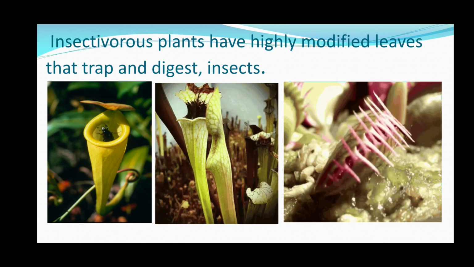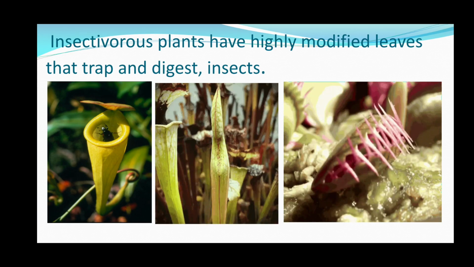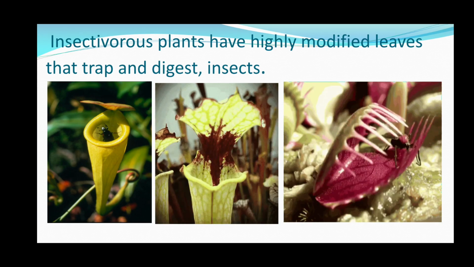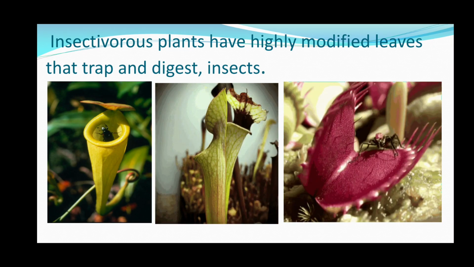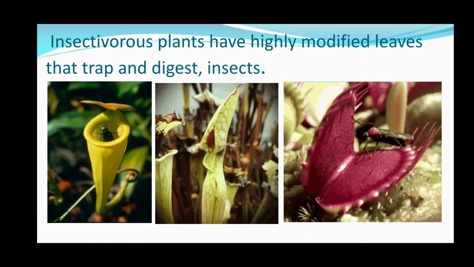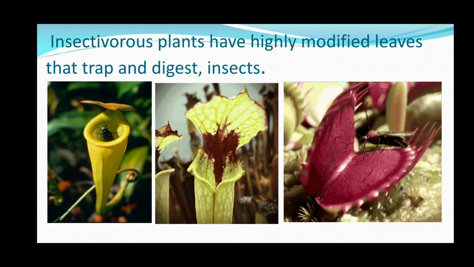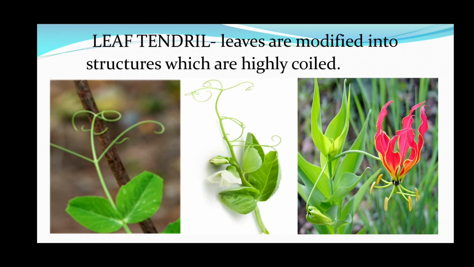Meaning, they grow in soil which is deficient in some nutrients, so to fulfill that nutrient requirement they digest these insects, and such plants are called insectivorous plants.